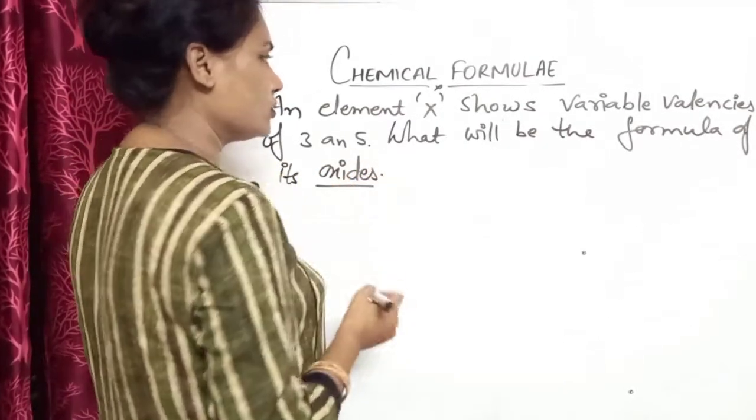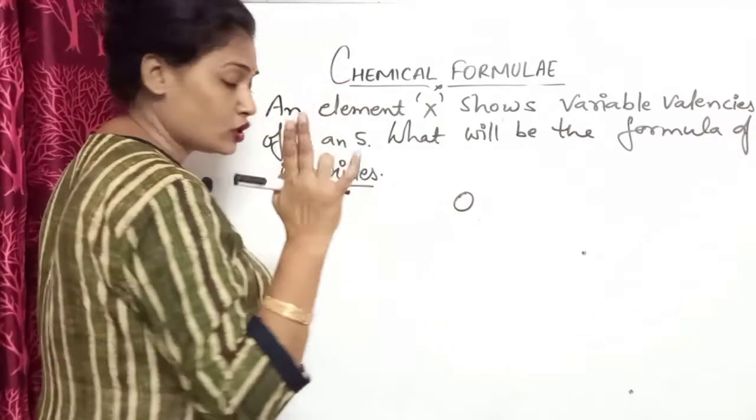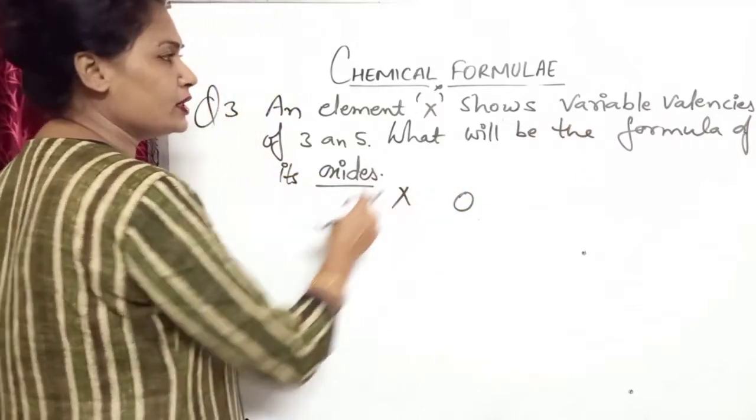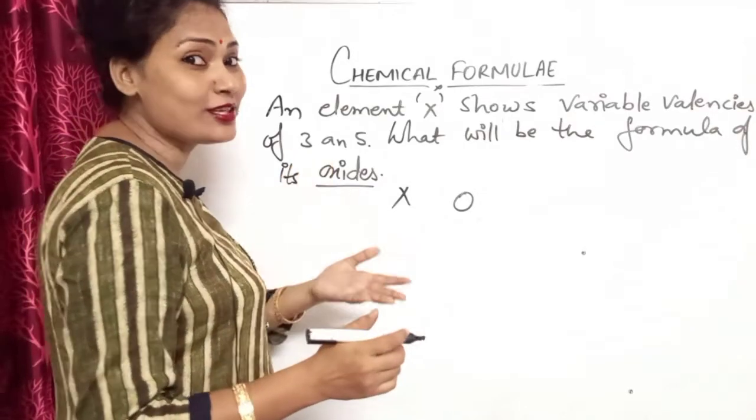Okay. So you know that oxide means oxygen, and oxygen has -2 valency, and X is the element, it shows variable valency, it means it has 3 valency as well as 5 valency.